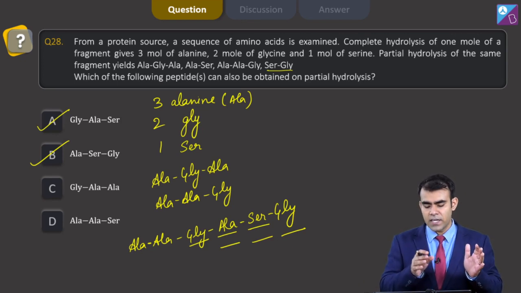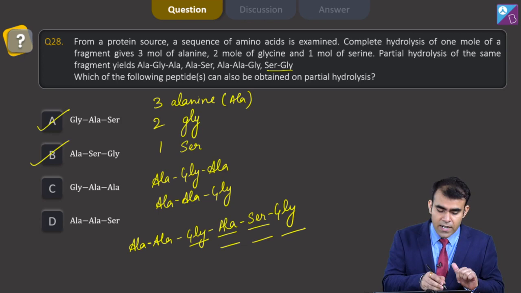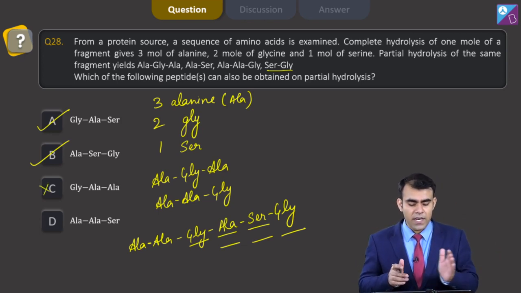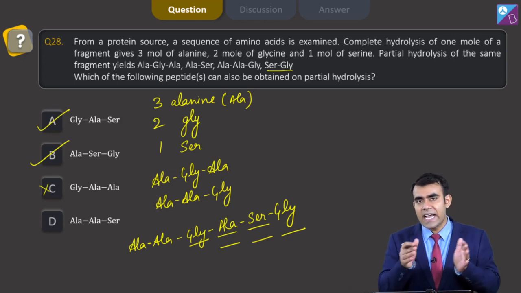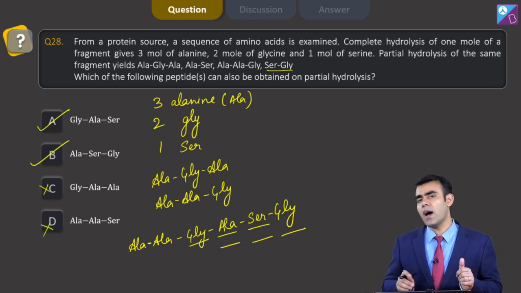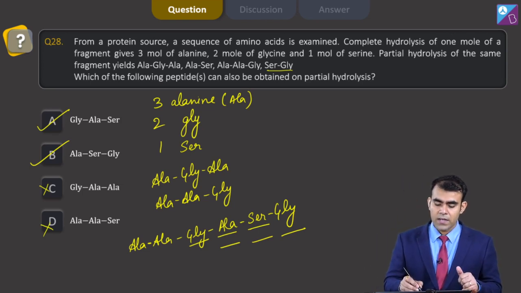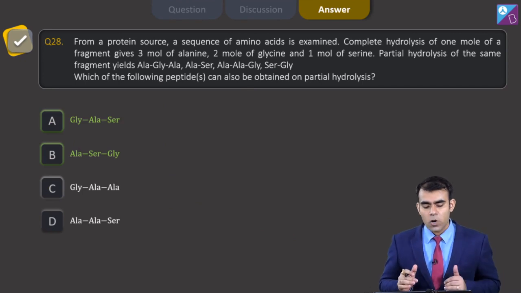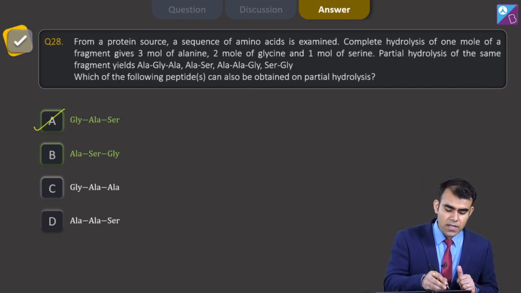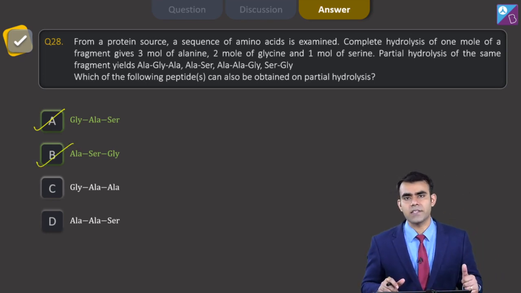No, after glycine we have alanine, but then serine. So we cannot get glycine, alanine, alanine. This is incorrect. Then we have alanine, alanine, serine. So alanine, alanine, glycine we have, but not serine. So again, this cannot be the fragment. So from this we can say that the correct options for this question are A and B, that is gly alanine serine and alanine serine glycine.